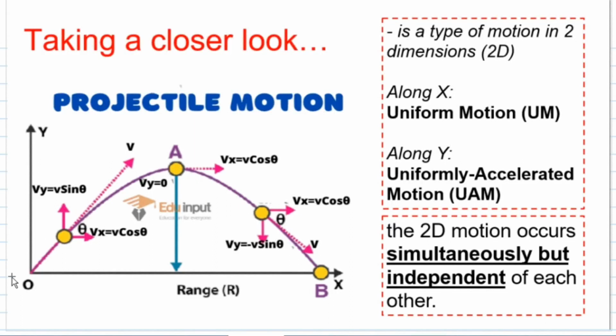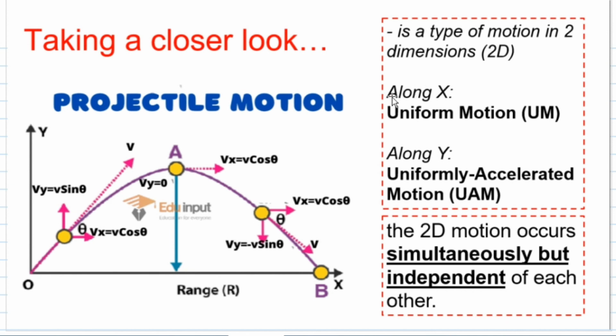Okay? Kung hinagis mo naman siya or sinipa from a certain angle from the horizontal, then it will go up and then eventually it will go down following the same path. Okay? So, as a result, we can therefore say that projectile motion is a type of motion that involves two dimensions.